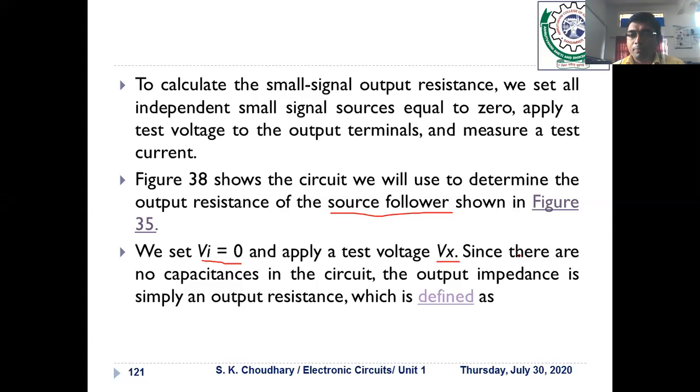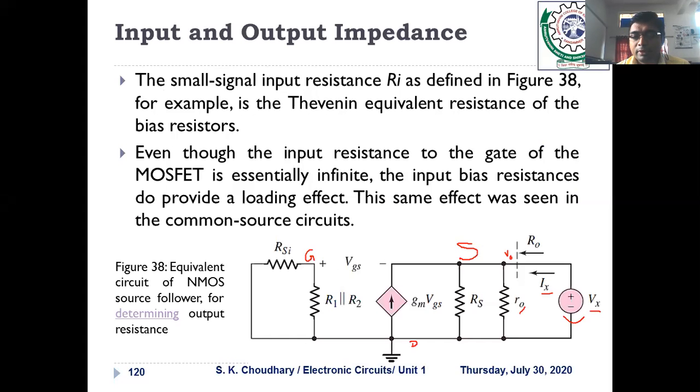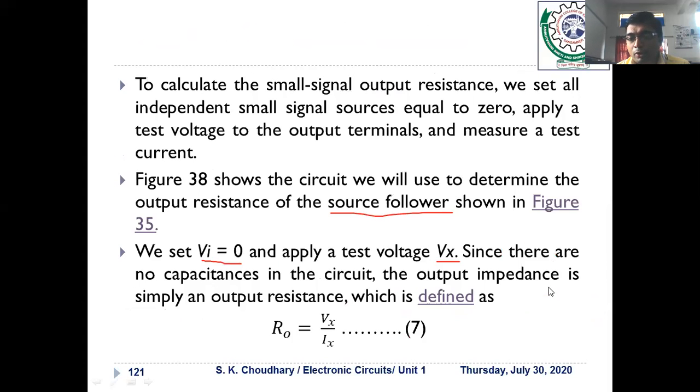There is no difference between the output impedance and output resistance here, and that is defined as R0 equals Vx upon Ix. As per the circuit diagram, this is R0, equal to Vx upon Ix.